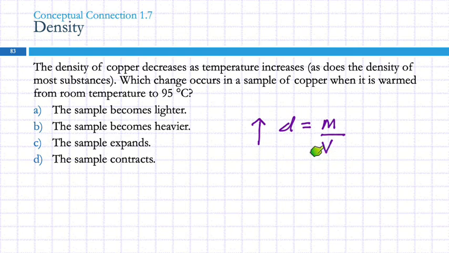If the volume was bigger, would the density become bigger? If I take this same number and divide it by a larger number, it becomes smaller, right? What if I take this number and divide it by a smaller number? Then the density becomes larger. So the volume must get smaller. The sample contracts as it heats up.